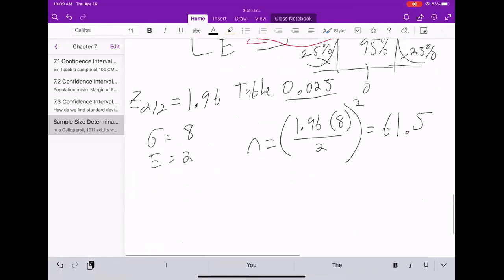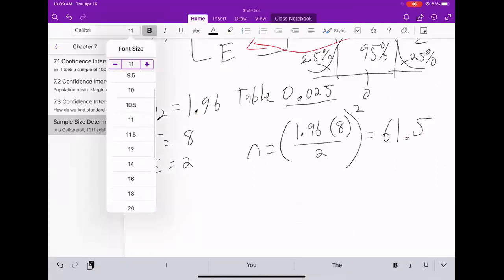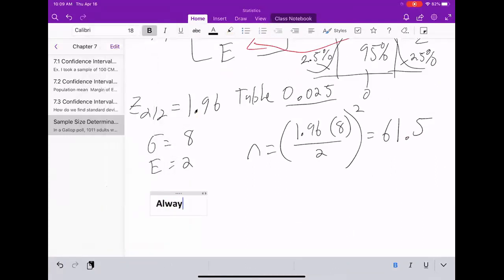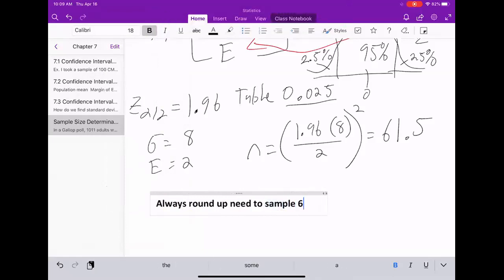So just like before, we make it big. Always round up. So we need to sample 62 chocolate energy bars.